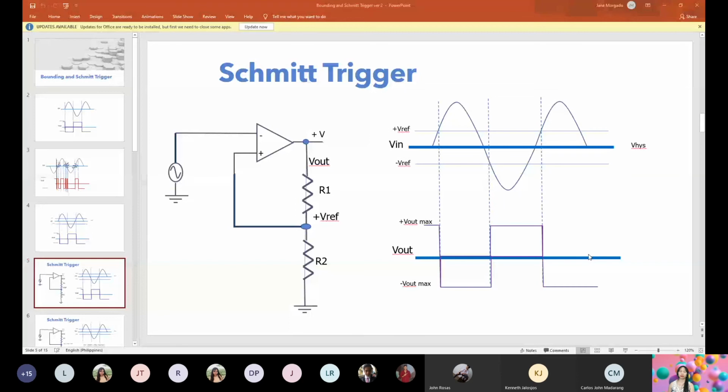What's the difference? Can you spot the difference between the Schmitt trigger and, let's say, the inverting circuit?